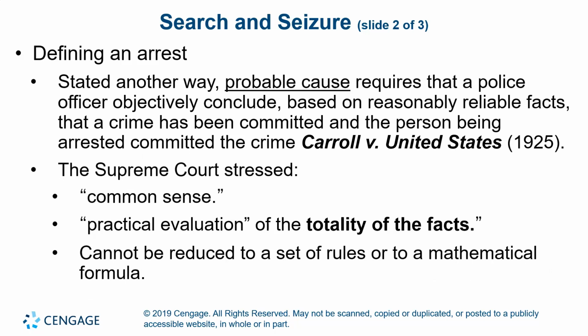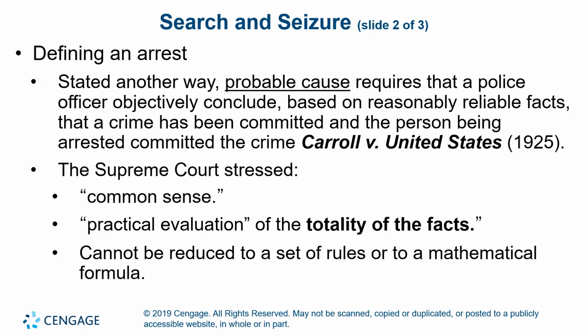Stated another way, probable cause requires that a police officer objectively conclude, based on reasonable, reliable facts, that a crime has been committed and that the person being arrested committed the crime. That's Carroll versus United States.